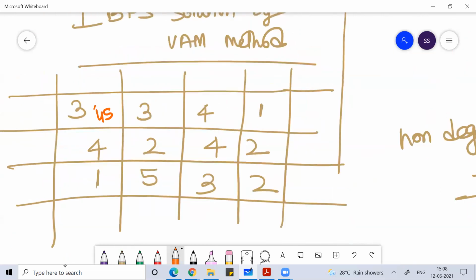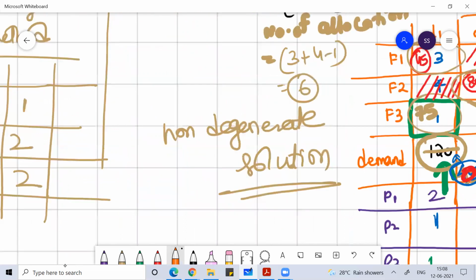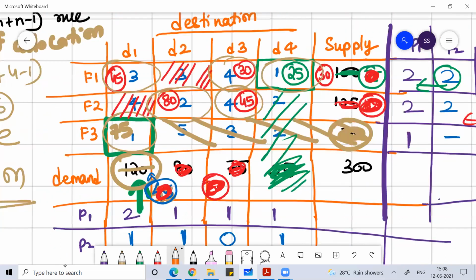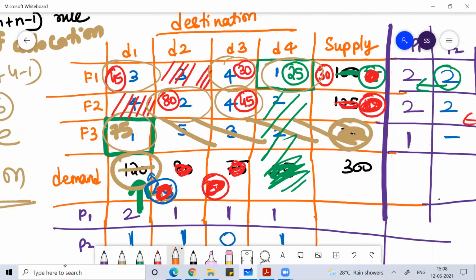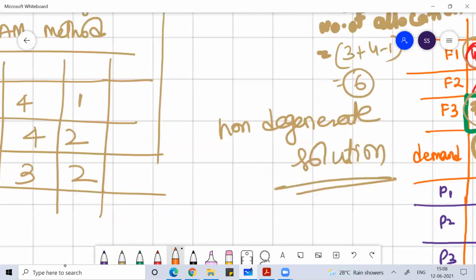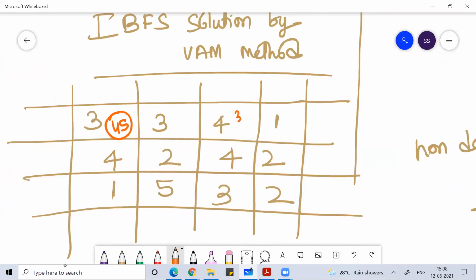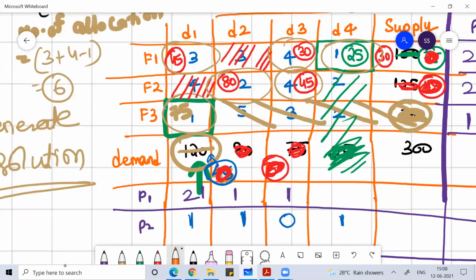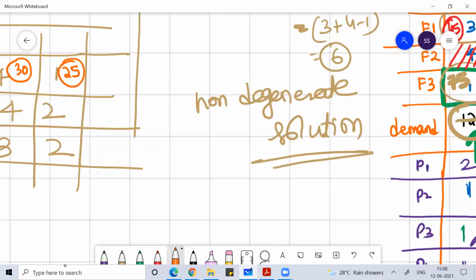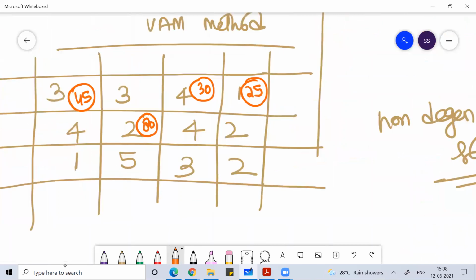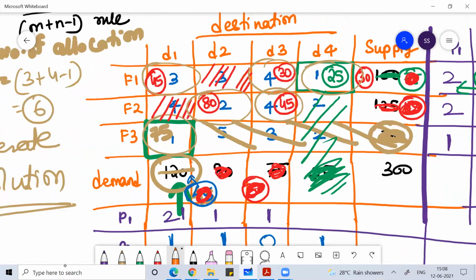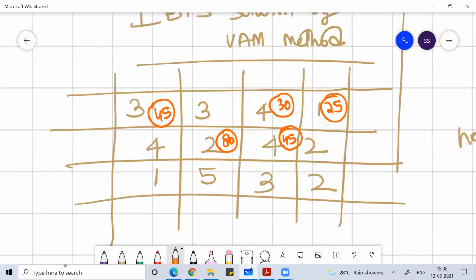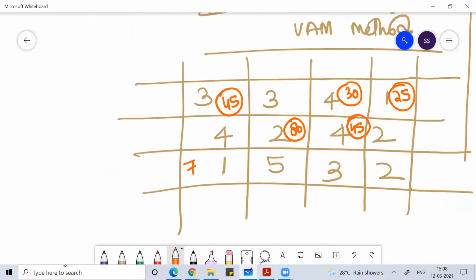Then in that row, 4, 30, and 25. Then in the second row, 80 and 45, and then 75.